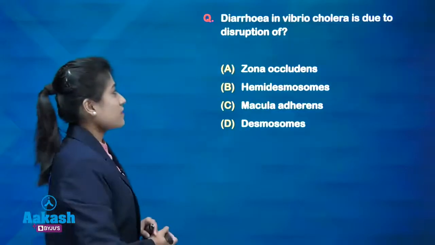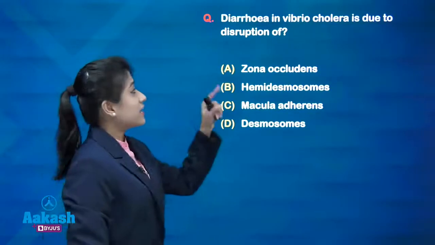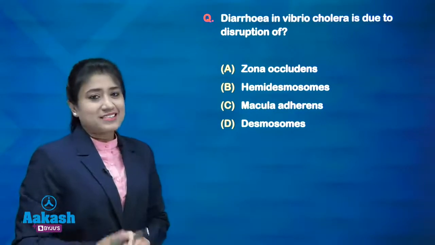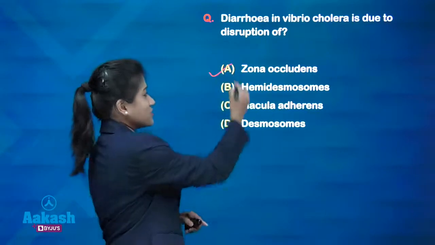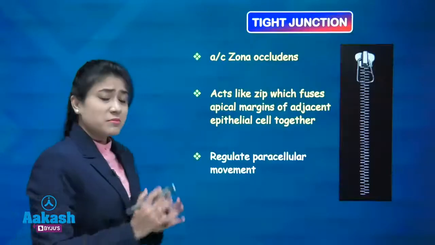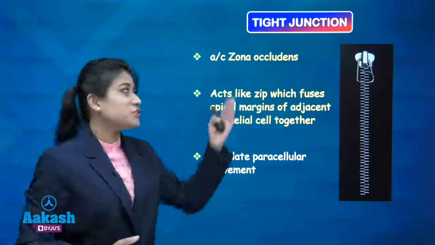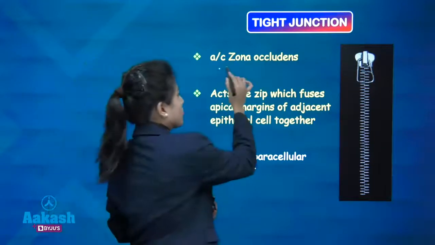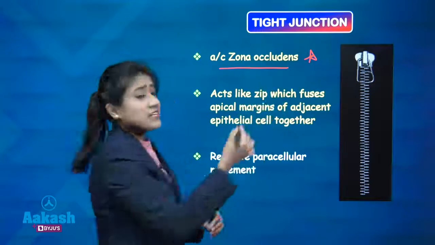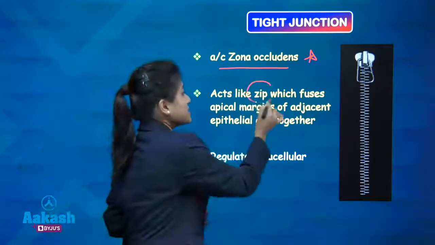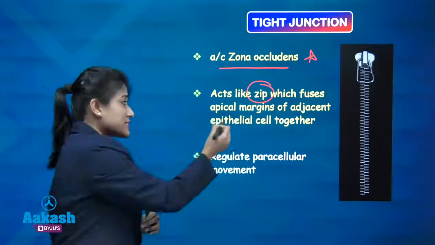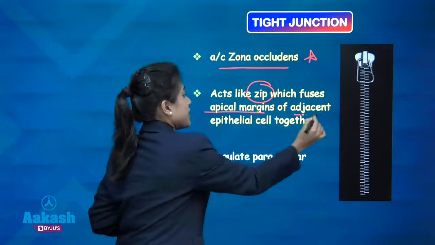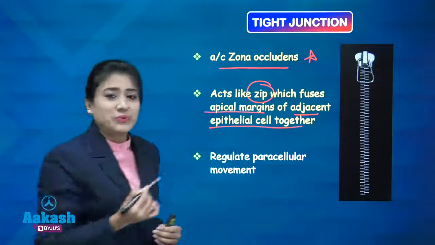Okay. Now next question: diarrhea in Vibrio cholera is due to disruption of what? Remember guys, the answer to this question is zona occludens. Let's see how. Zona occludens is nothing but your tight junction. This tight junction is like a zip which fuses the apical margins of the adjacent epithelial cells together.